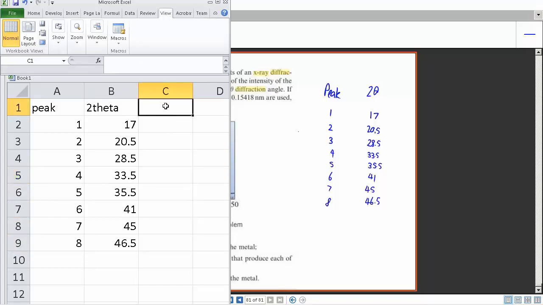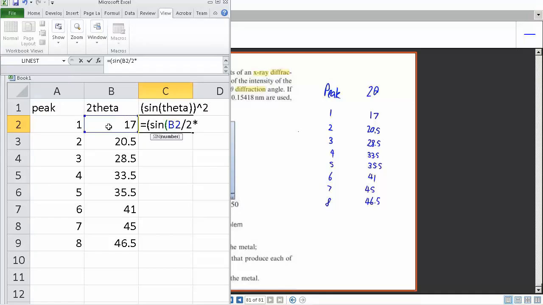Now we are going to calculate the sine of theta and square it. So that's going to equal sine. This angle is 2 theta, so divide by 2 to get theta.